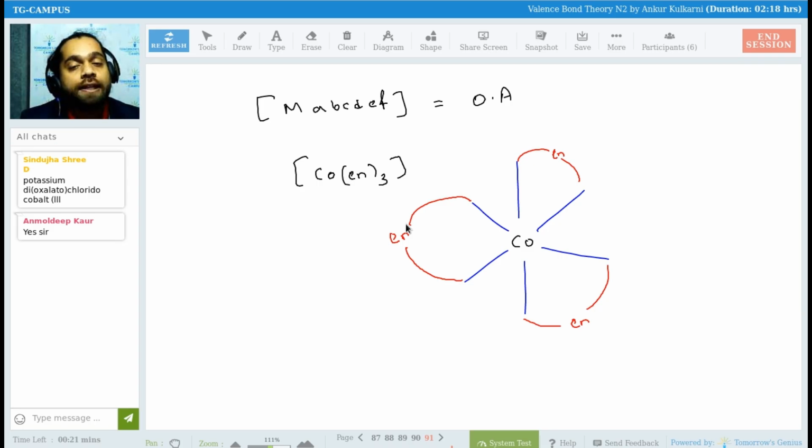So this is also optically active. Why? Because this is in the top front, this is in the back like this. That's why remember this is also optically active. Is it clear?